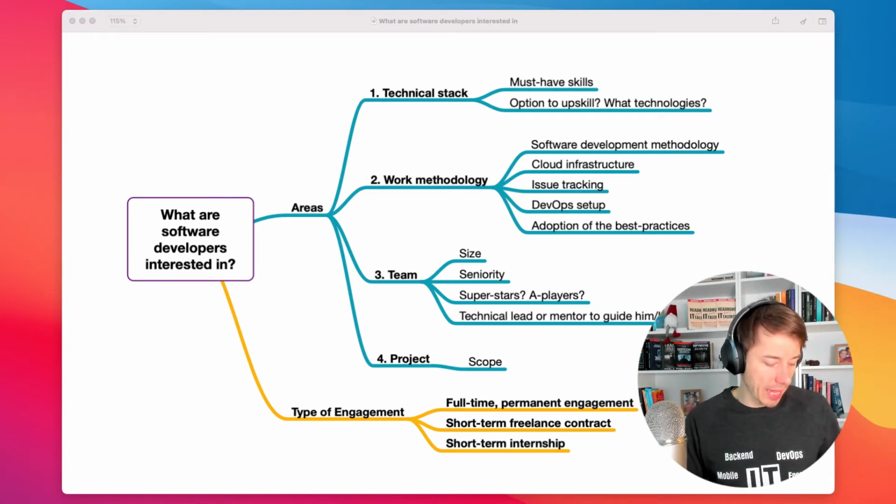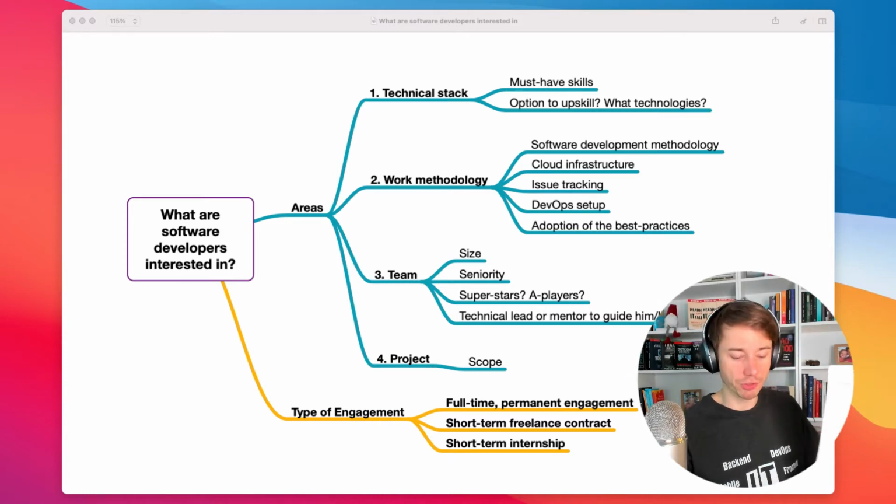Is there any technical lead, some mentor the new joiner can learn from? This is totally missing in traditional job requirements, such as this one, right? There is nothing about the team, nothing about the project, nothing about the option to learn from other team members. So that's what I would certainly encourage you to focus on when talking to hiring managers.